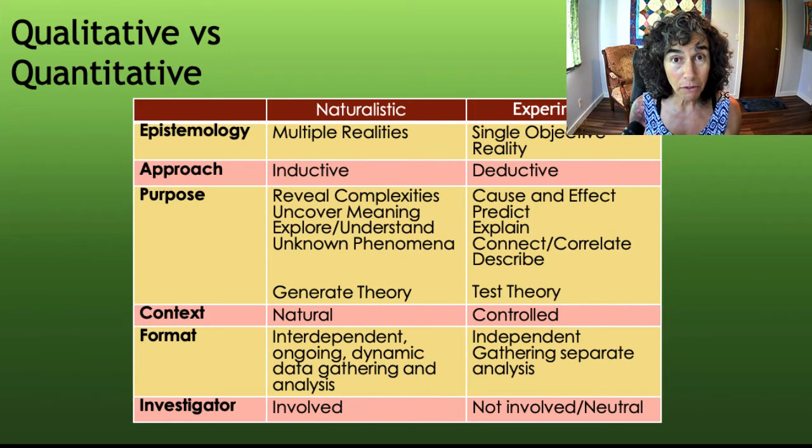So they're very involved, as opposed to experimental research, which is quantitative, where we are really placing a high value on the investigator not being involved and being quote unquote objective, right? So very different views, and you can look through this and get an idea of some of the ways that the two types of research designs vary.